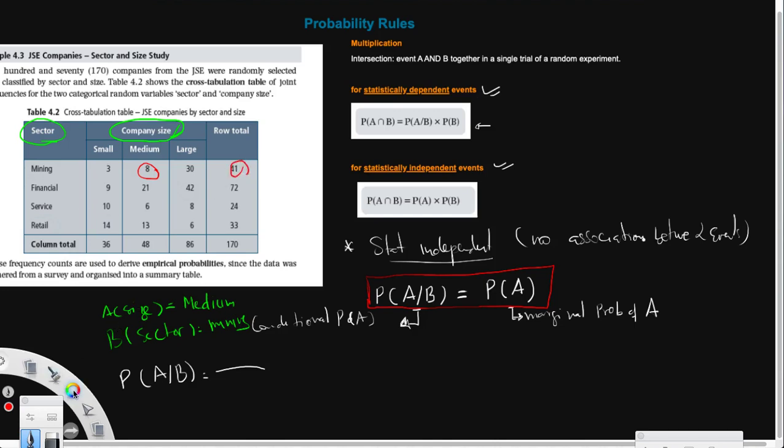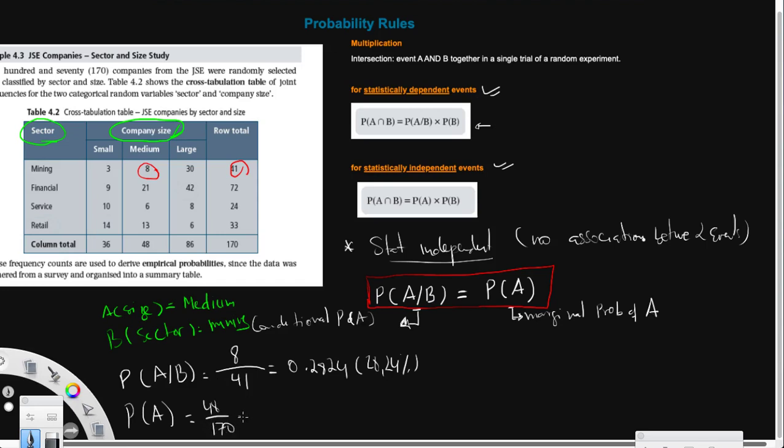So P(A|B) gives us the answer 0.2824 or 28.24%.